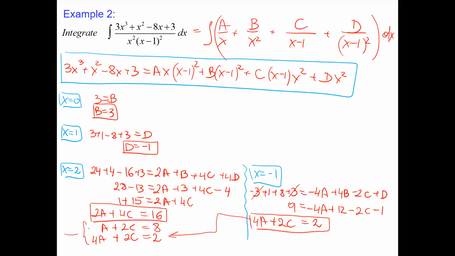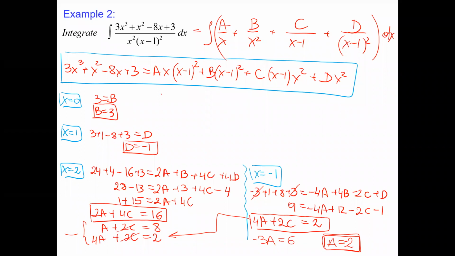Now we can subtract because we have 2c and 2c. When we subtract, we will hopefully get an equation with just a being unknown. Okay, that means a minus 4a is negative 3a. 2c minus 2c is 0. 8 minus 2 is 6. Okay, a is negative 2. If a is negative 2, we can compute c.